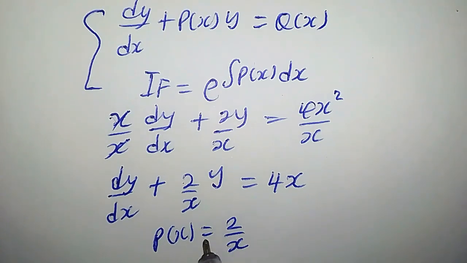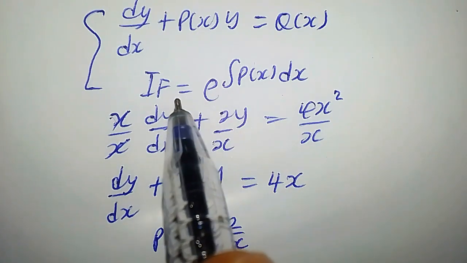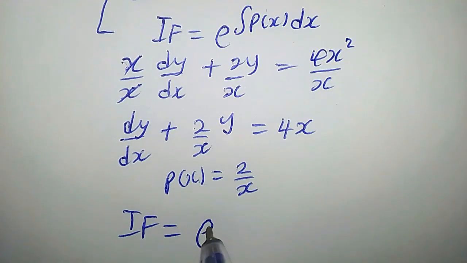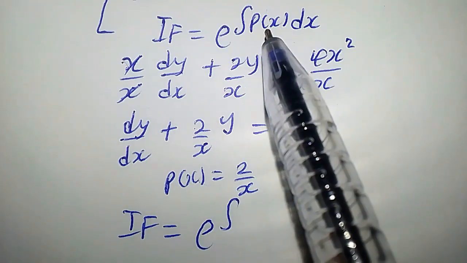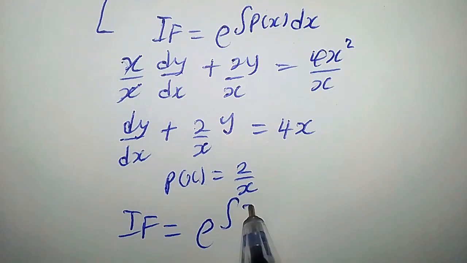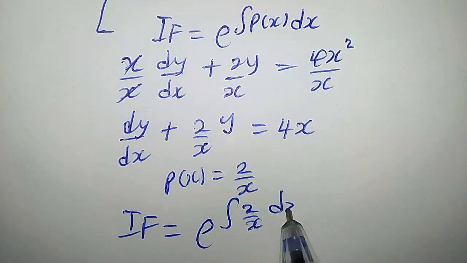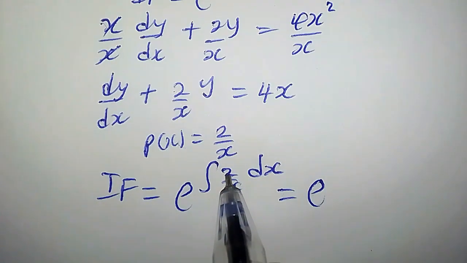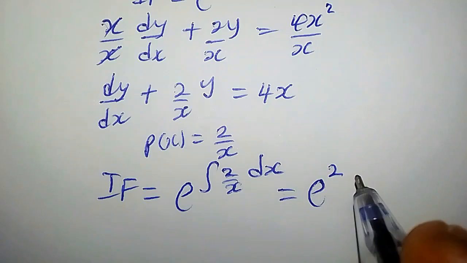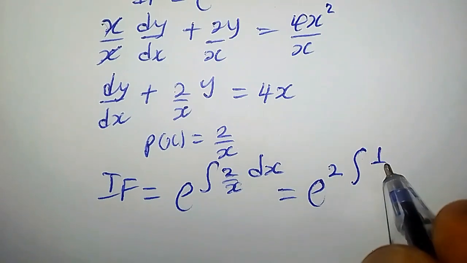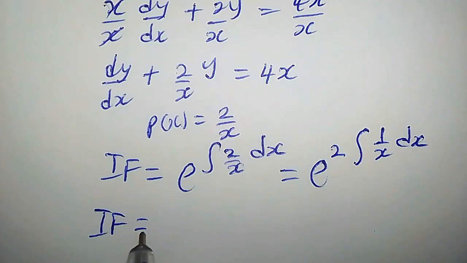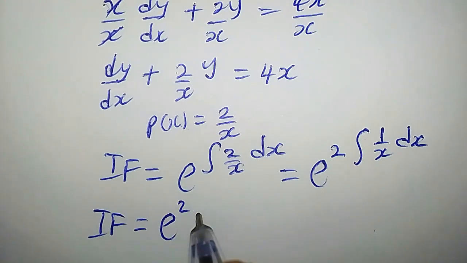Let us now use this p(x) to calculate our integrating factor. So that will be IF equal to e raised to the integral of, what is p(x)? That is 2 over x, 2 over x dx. This equals e to the... We can factor out this 2, it is a constant. So we have 2 times the integral of 1 over x dx.